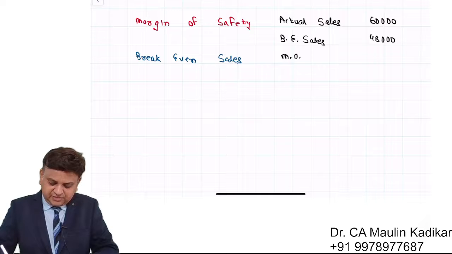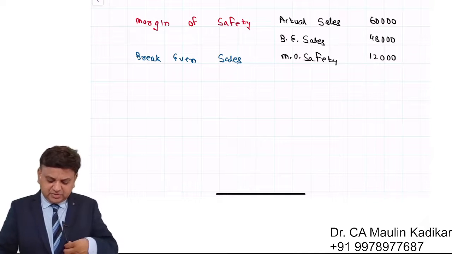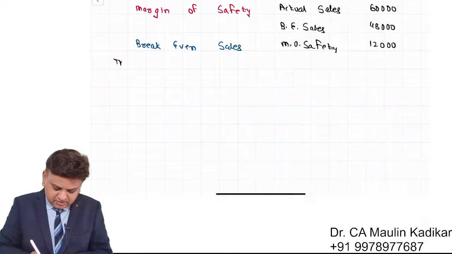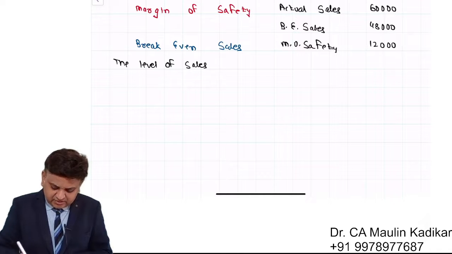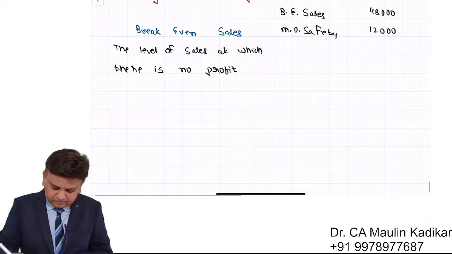So margin of safety is rupees 12,000. The term break-even sales stands for the level of the sales at which there is no profit, no loss.